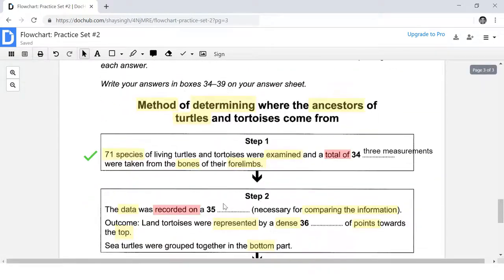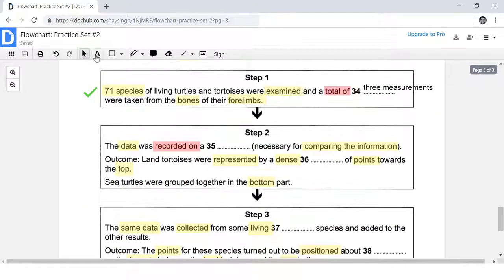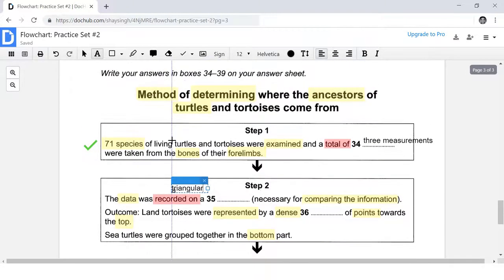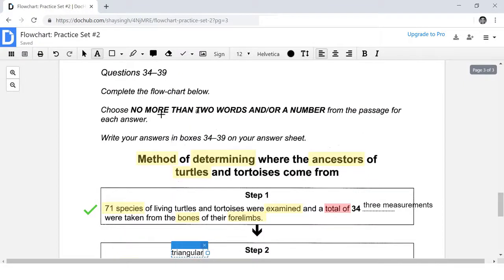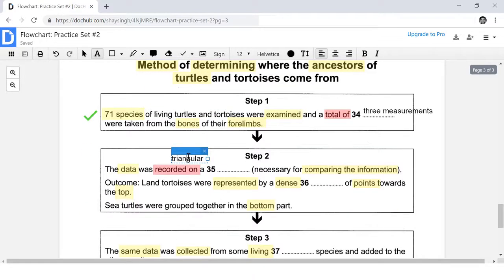Let us come down and put that into our answer sheet. So the answer here is triangular graph paper. Oh, but remember guys, I just remembered that here it says that I cannot write any more than 2 words, okay? If I wrote triangular graph paper, my answer would be marked wrong because the answer cannot be more than 2 words. So the answer is going to be just graph paper.